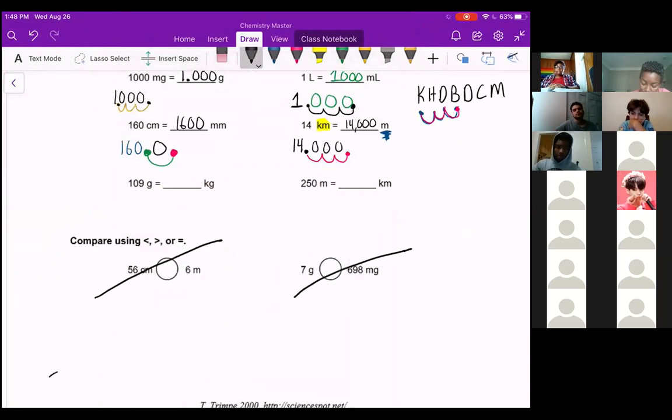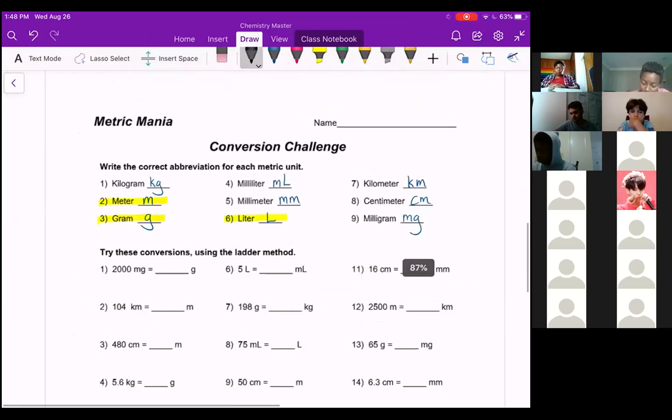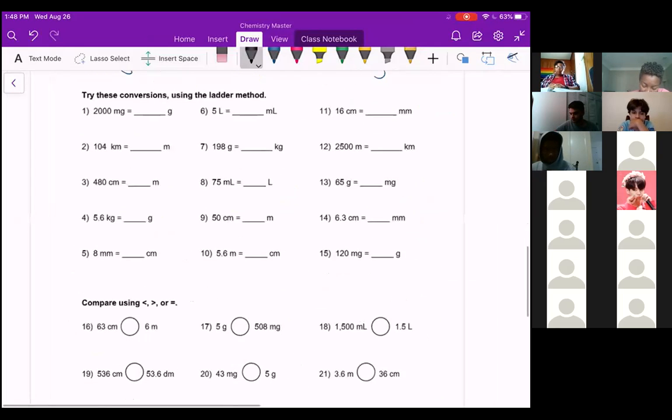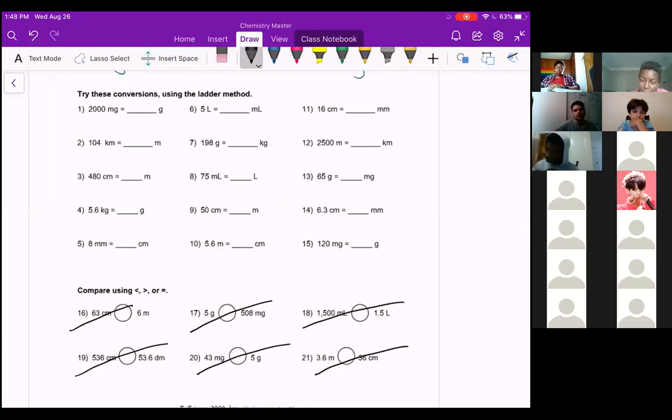You don't have to do this one, all right? You do have to do these last 2 that we didn't do, but we'll come back to that. Then on the second page, 16, 17, 18, 19, 20, 21, you do not have to do those, okay? So 16 through 21, you don't have to do those.